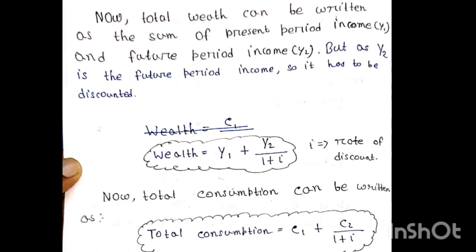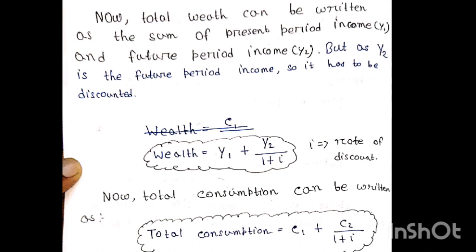We are not sure about the future period income, so we have to give a discount to it. That's why we have divided Y2, the future period income, by 1 plus I.